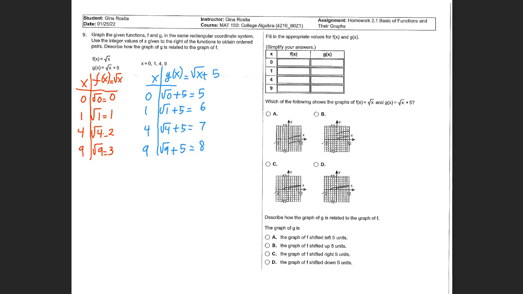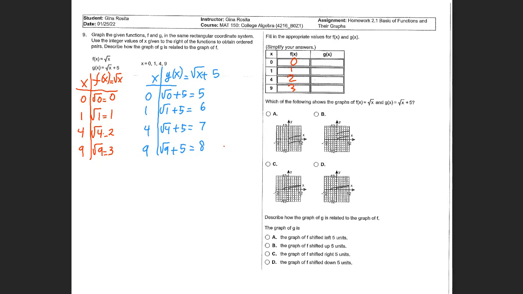Okay, so now we can plug in over there on the table. I'm sorry, x is red. Okay, so change color. This is 0, 1, 2, and 3.